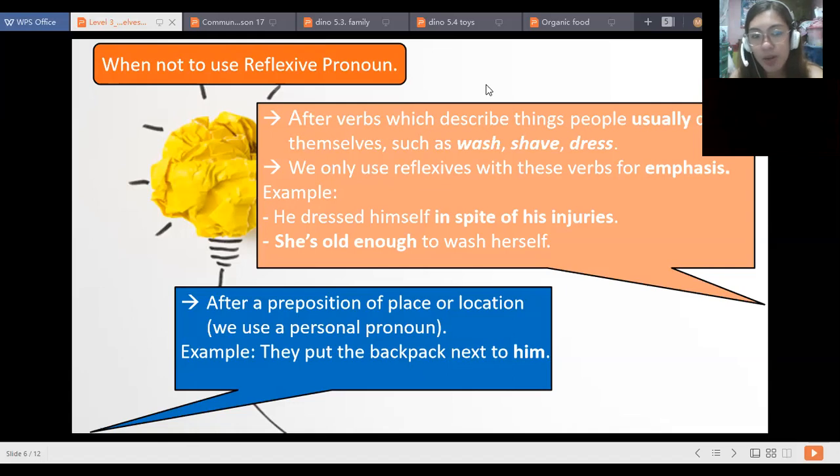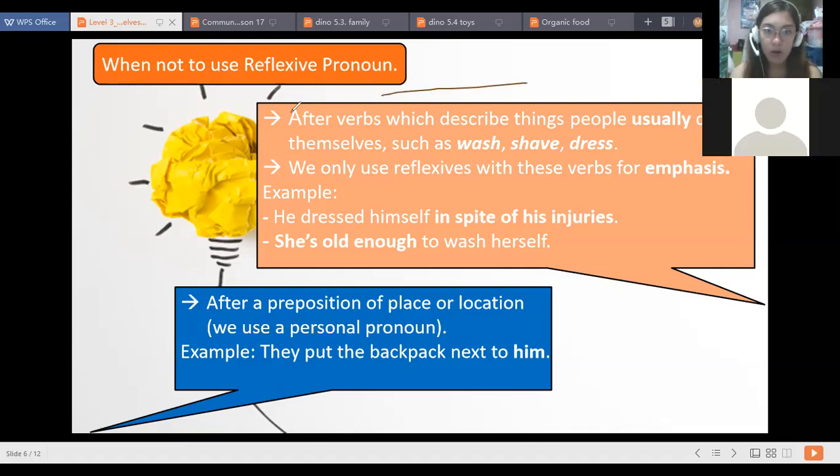Okay. So again, I will ask you when not to use the reflexive pronoun. Don't include the example, only the meaning. When not to use the reflexive pronoun. Can you read only?